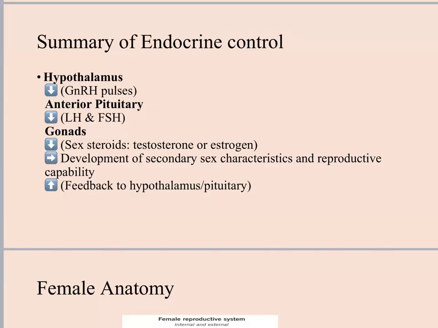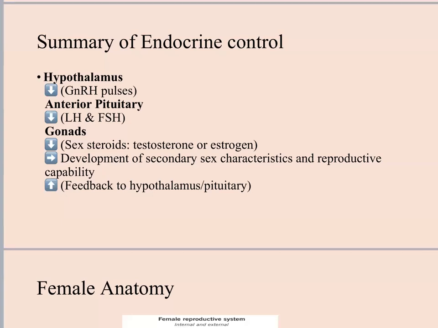Those gonads then produce either testosterone or estrogen and progesterone too. And that is what's responsible for the development of secondary sex characteristics and reproductive capability. And they have a whole feedback loop to the hypothalamus and the pituitary.